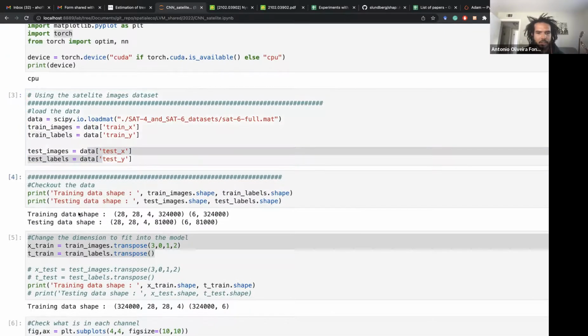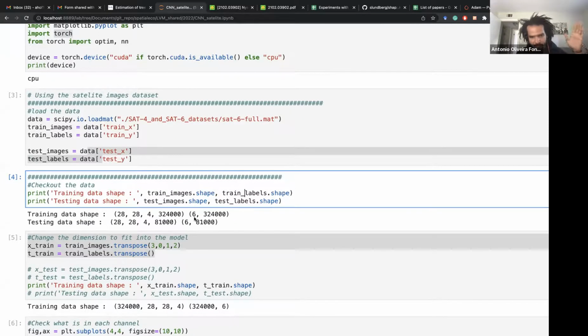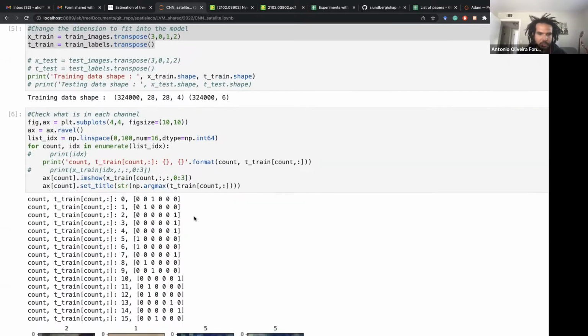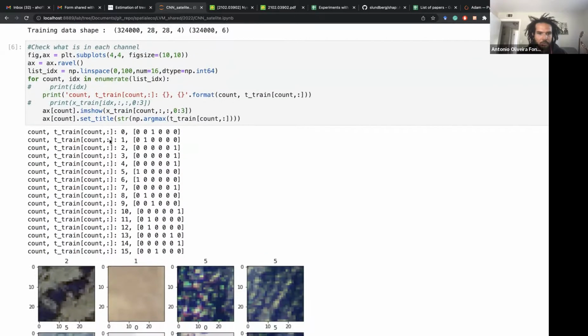Here I'm just printing the dimensions of this data, as you can see. So the labels are organized as one hot encoding. That means, for example, I have the 6 labels, as we saw before, and I have a one just in the column that identifies the type of class. So for example, for the images that contain trees, I have a one just for the number 2.